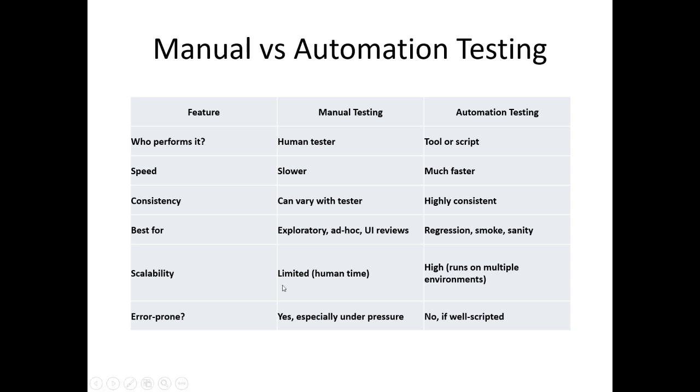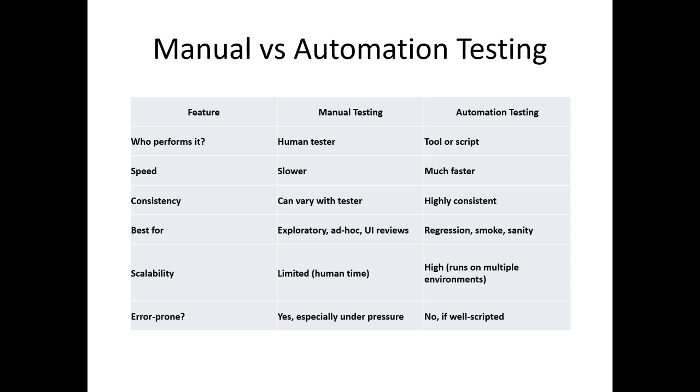Scalability: manual testing has limited scalability because it's a human. But automation is highly scalable. For example, some test cases we have to run in multiple environments. If there are 100 test cases, we have to execute them in Chrome, in Internet Explorer, and in Firefox. With a human tester it is very difficult to execute the same test case repeatedly; it takes more time.